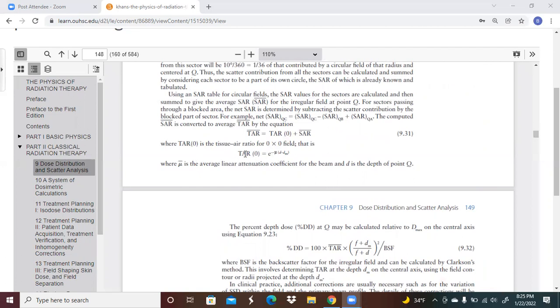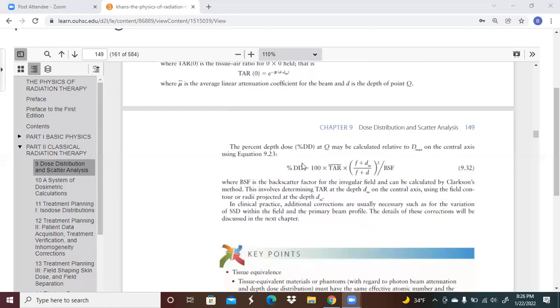And for the TAR for the primary beam, we're just looking at the average linear attenuation coefficient for that particular beam. The percent depth dose at Q may be calculated to D max on the central axis using that big long equation 9.23 that we came up with. And the backscatter is going to be from the irregular field as calculated by the Clarkson method.